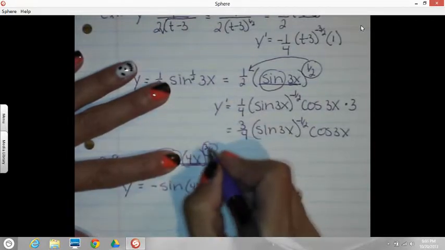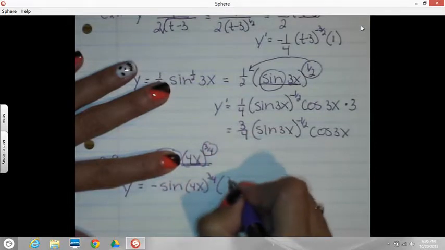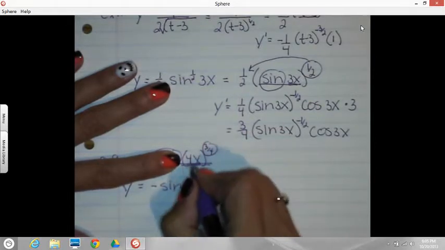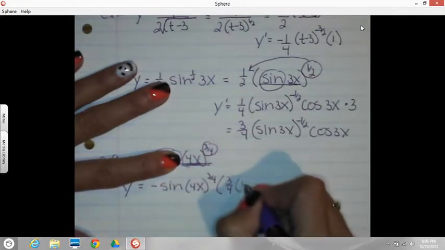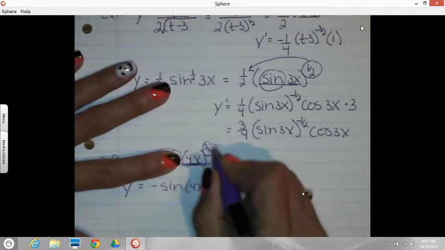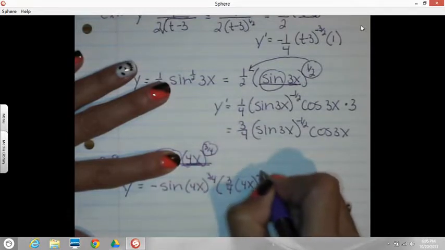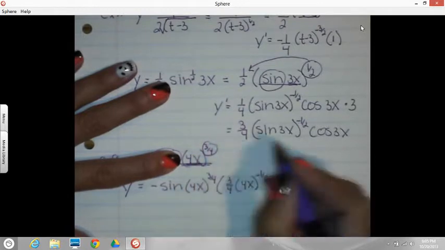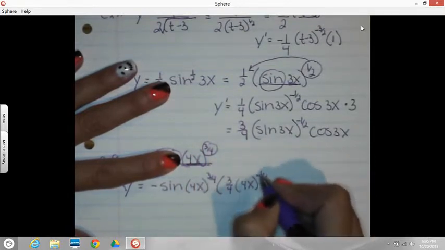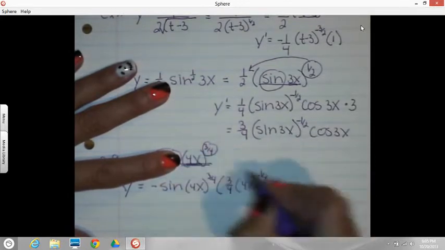So this 3/4 is going to come down, get multiplied by this, keep it the same, to the 1 less power. That'll give me negative 1/4 when I subtract 4/4. And then times the derivative of the final inside. Derivative of the inside is a 4.